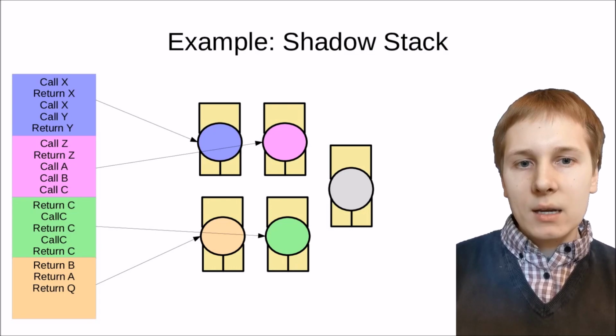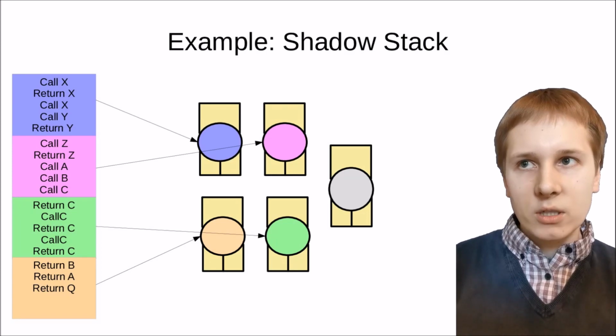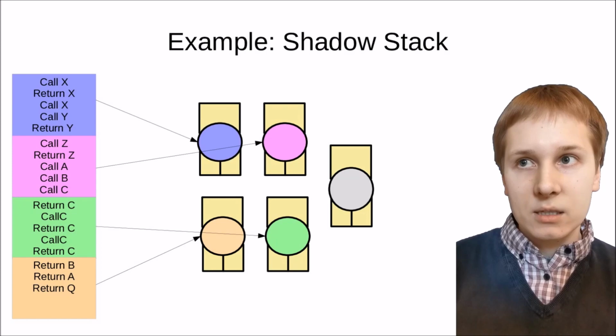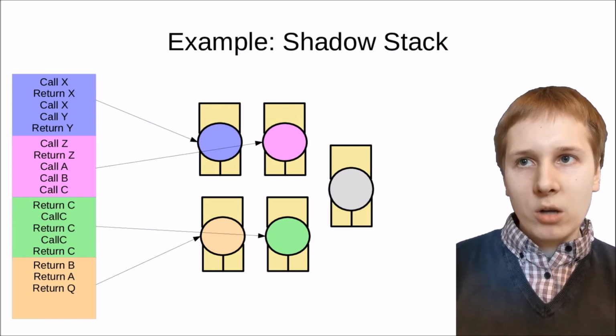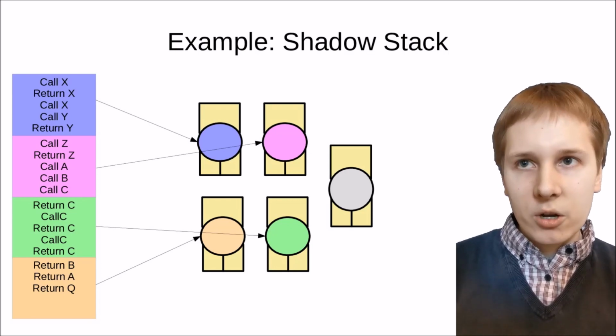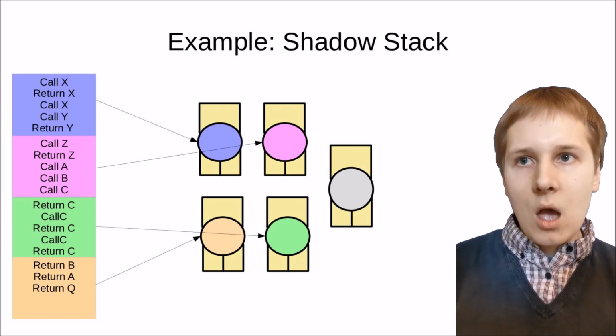We switch between different Guardian processing elements whenever one of them's queue is full, and therefore a single Guardian processing element doesn't have enough performance to cope with the entire analysis. For example, over on the left here, in the blue box at the top, we've got a call X, a return X, a call Y, and a return Y. Those both match, so we know there's no attack there.